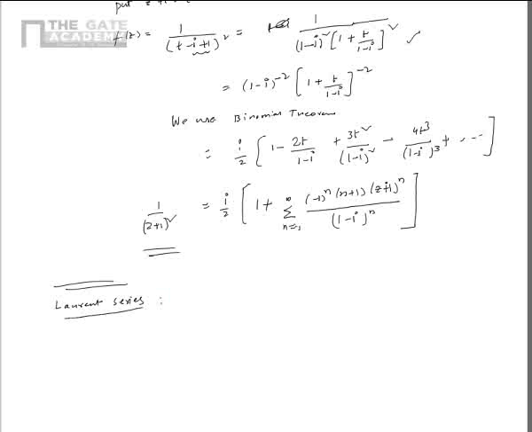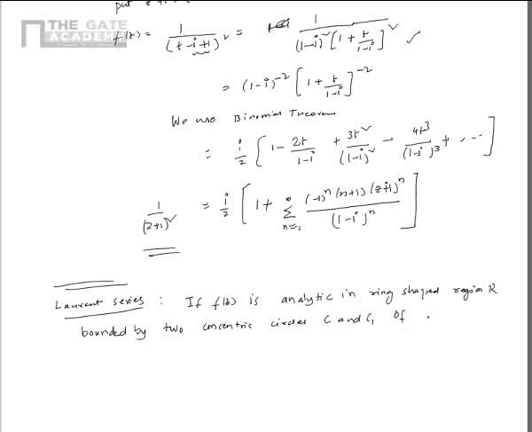What it says is f of z is analytic in the ring shaped region R, bounded by two concentric circles C and C1 of radius R and R1, where R is greater than R1, and with center a.